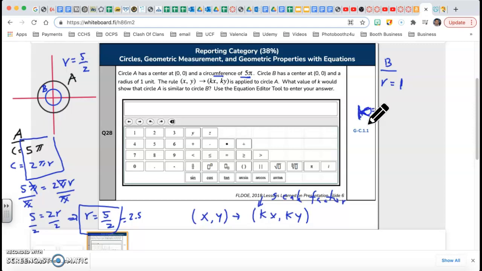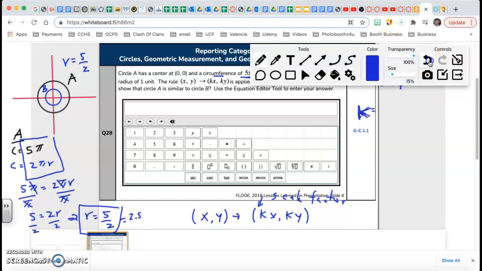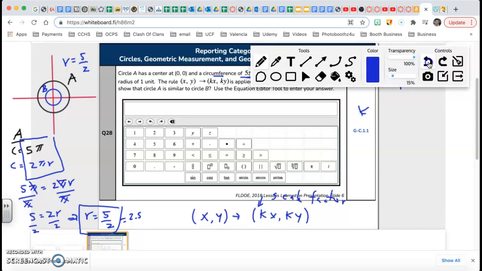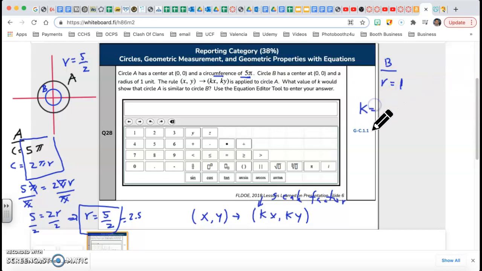My scale factor is any dimension, and that's a horrible k. I'm so sorry. K, something that looks like a k. There we go. K, way better. My scale factor k is any dimension from my image over my pre-image. My image is the one that is being transformed.